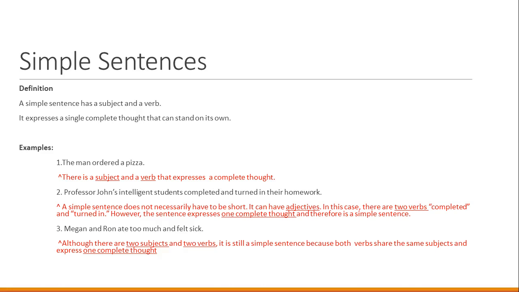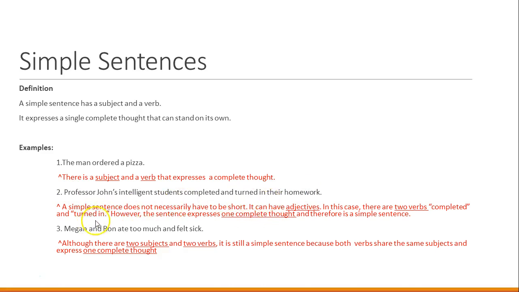And here we have two verbs, completed and turned in. We have completed as the first verb and turned in as a second verb. So the whole sentence has how many ideas? One. Does it have any dependent clauses? No. So it's only one thought, one independent clause.